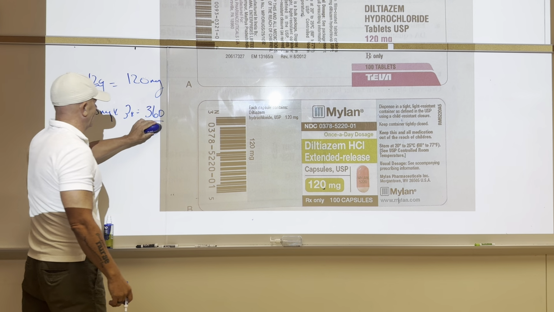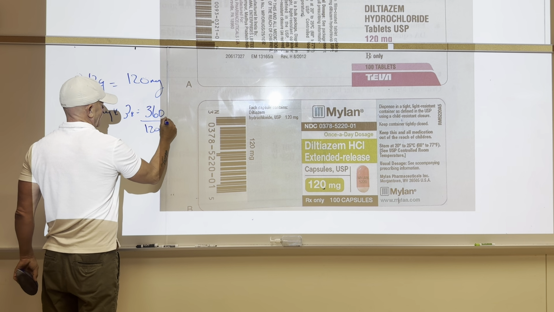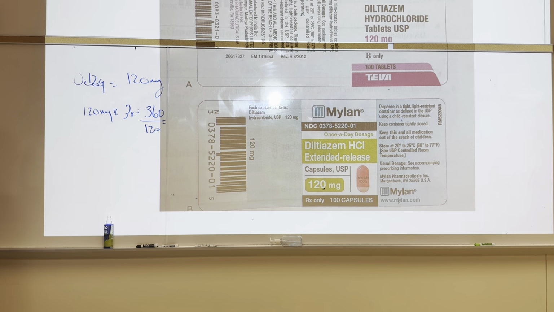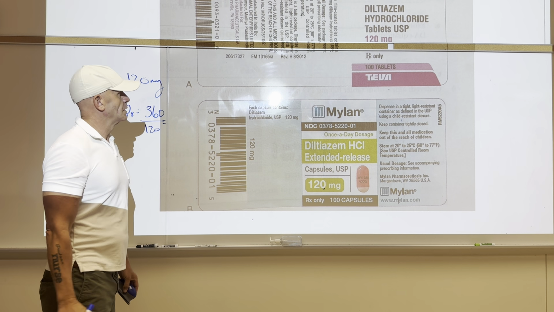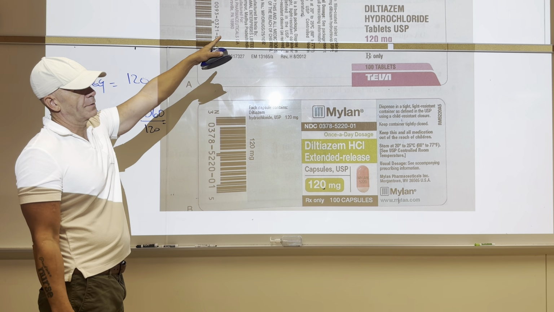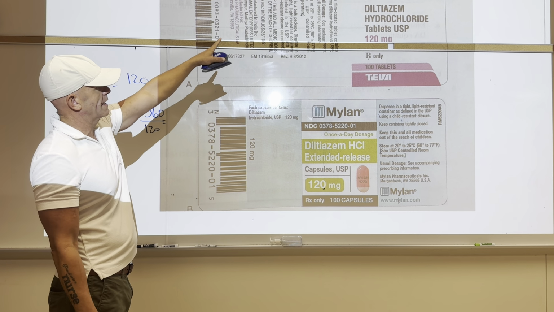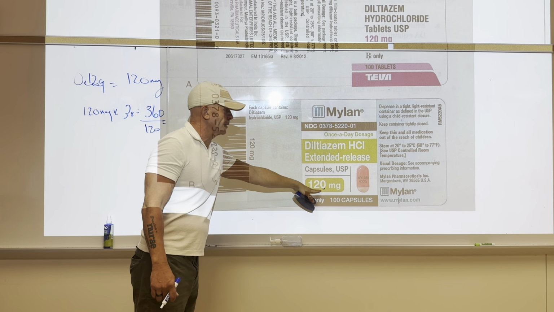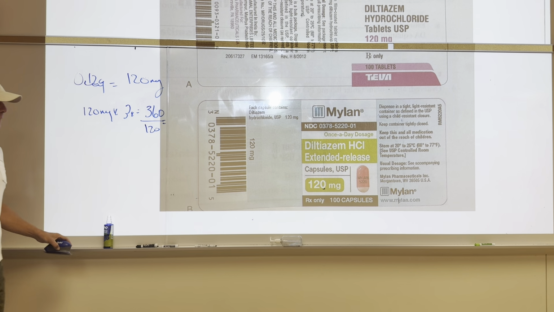Divided by 120, that gives you 3. 3 capsules. Okay, guys, just convert the 0.12 into 120. It equals the same: 0.12 grams equals 120 milligrams. You've got a 120 milligram capsule. How many capsules are you going to give a day? 3.